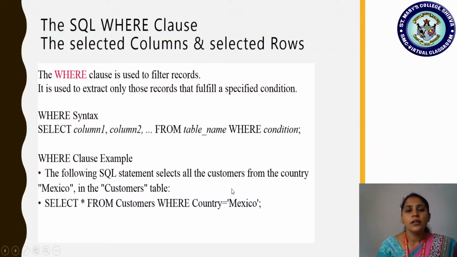Well, so remember, the SQL statements which use the where clause, the where clause is always found with which statement? The select statement. Okay, so this is the pattern: select column 1, column 2 or asterisk from table name where, followed by the condition.